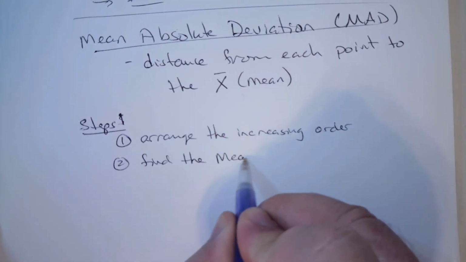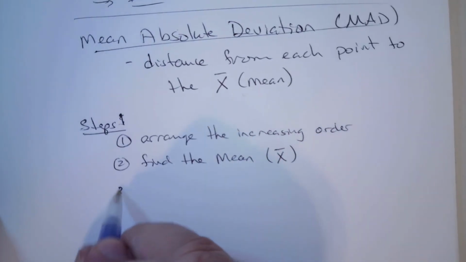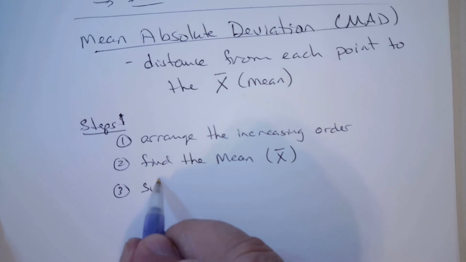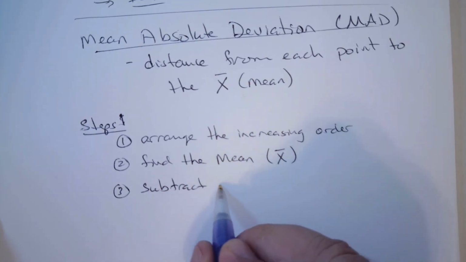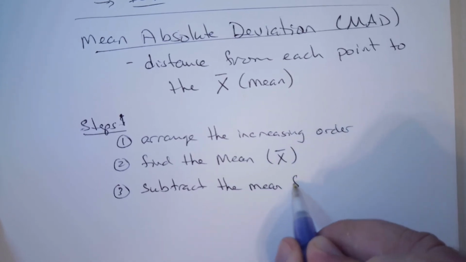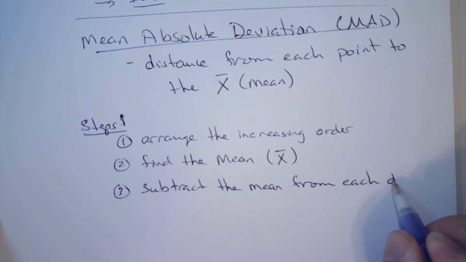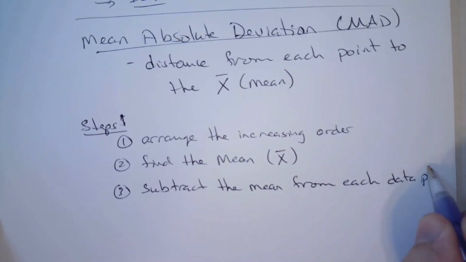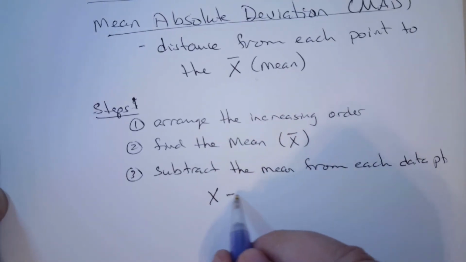Find the mean. Subtract the mean from each data point. In other words, we'll have the data minus the mean.